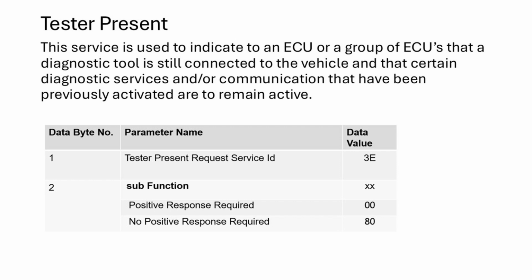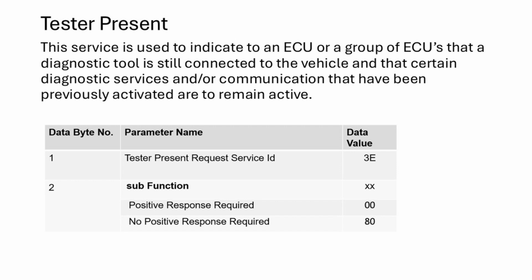It will keep activating whenever you read the current session. It will be in the default session or the extended session, whichever you sent. In this case, 00 supports a positive response, and if you don't want any response, you can give 3E80.